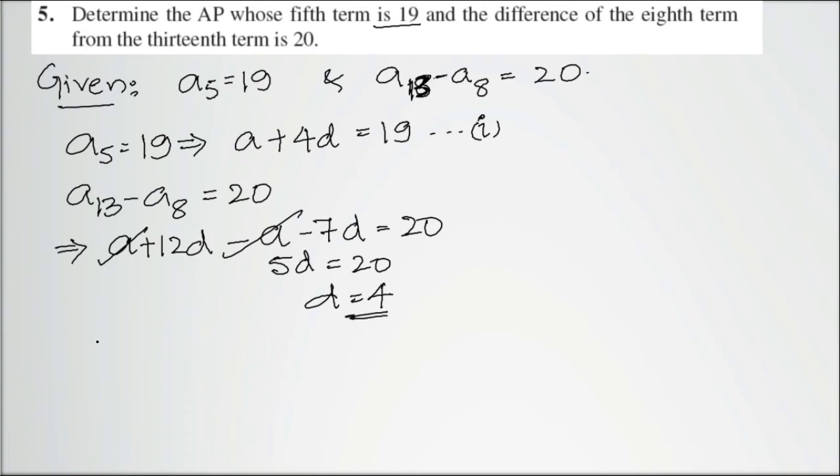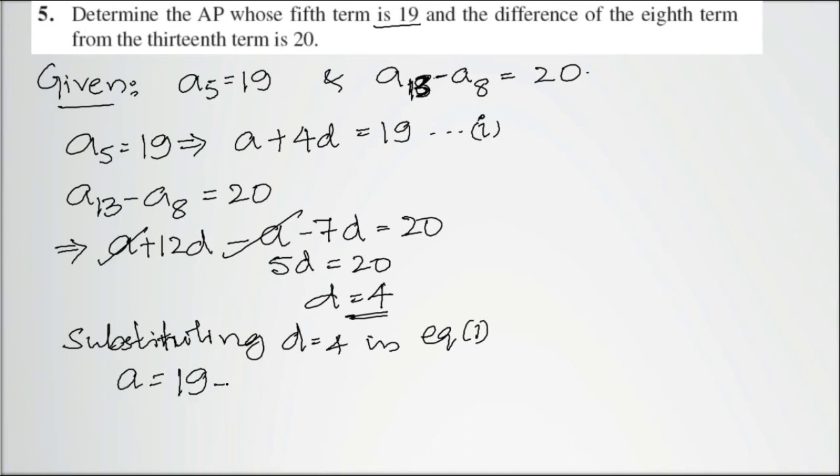Now substituting D equal to 4 in equation 1, we get A value as 19 minus 4 times 4. We get it as 3.